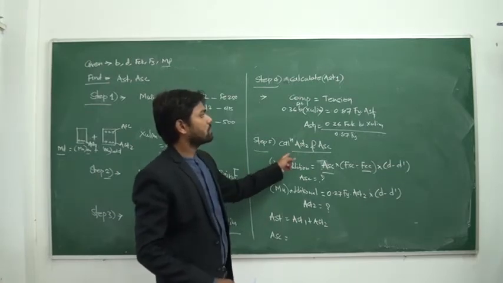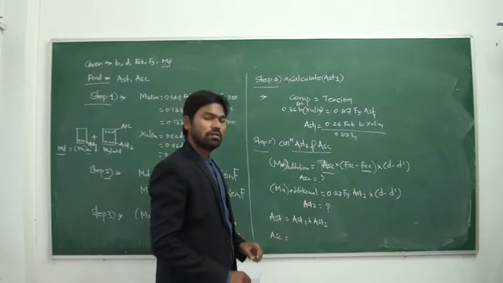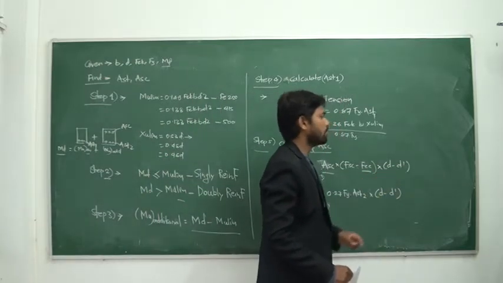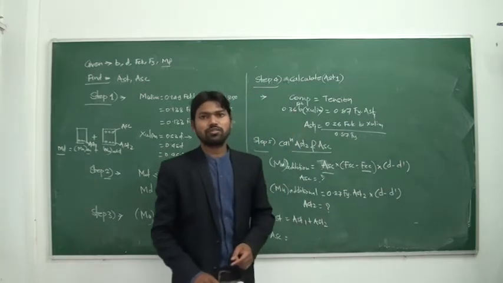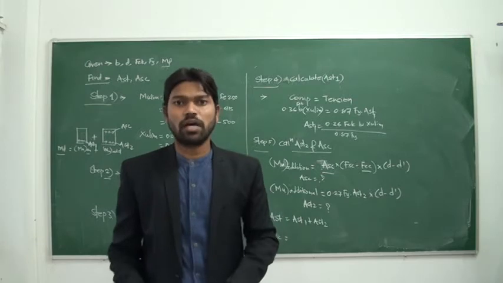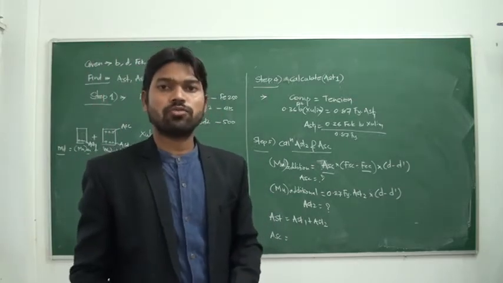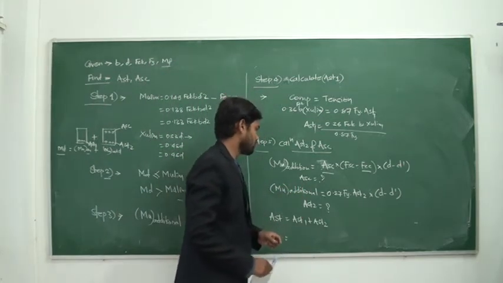Then to calculate AST2 and ASC, you have to use this equation: MU additional is equal to ASC into FSC minus FCC multiplied by d minus d dash. Here FSC is the stress in compression steel, which can be calculated from the chart, and FCC is 0.446 FCK. So from this equation you can calculate ASC.